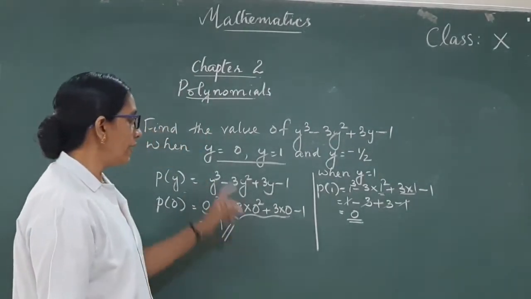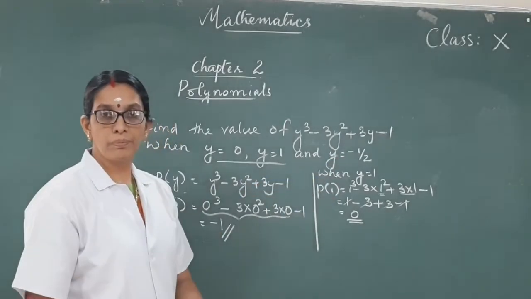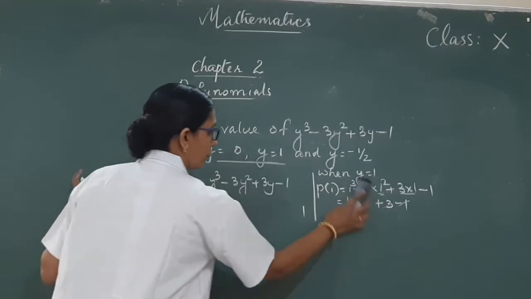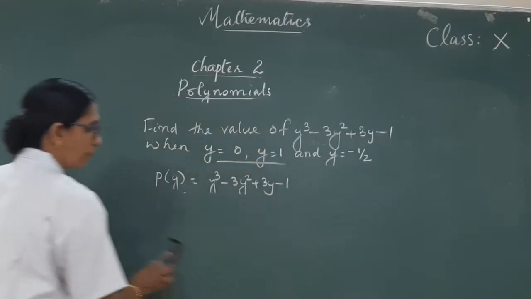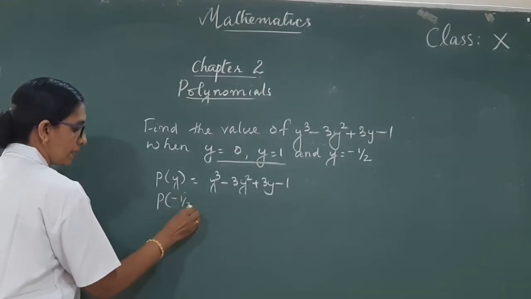Okay children, now we have one more value, y is equal to minus 1 by 2. So let's see what we are getting when y equal to minus 1 by 2. So we have to find out p of minus 1 by 2.